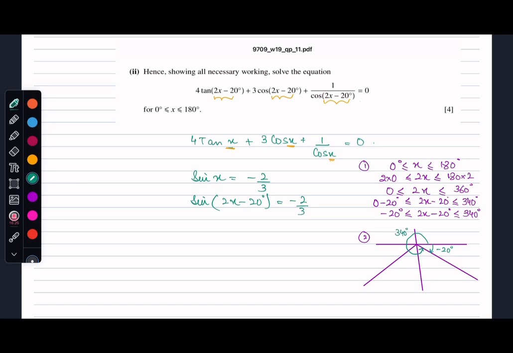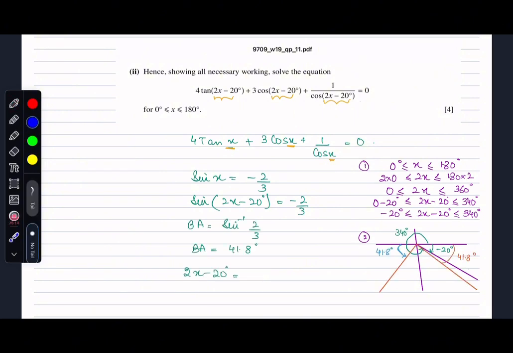This is one thing that I should keep in mind. So let's start getting the basic angle. The basic angle shall be equal to sine inverse 2 by 3, which is the third step of solving trigonometric equations. Basic angle sine inverse 2 by 3 is coming out to be 41.8 degrees.